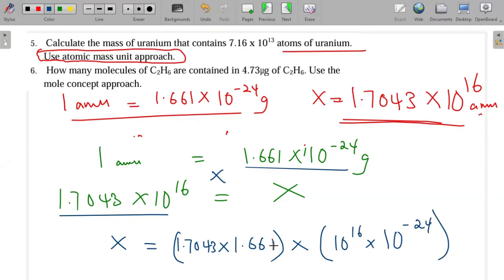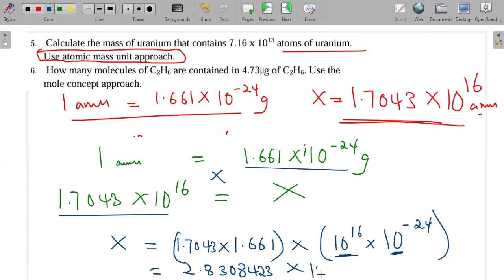So we can start with what is in the first bracket, 1.7043 multiplied by 1.661. Okay, so I get 2.8308423 multiplied by, here the bases are the same, so we can just add the powers. Okay, so 16 minus 24.